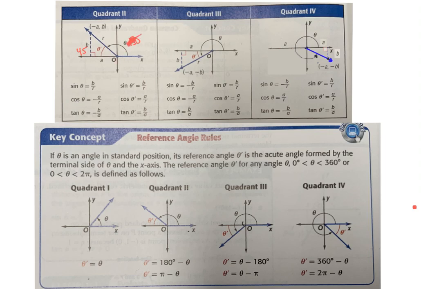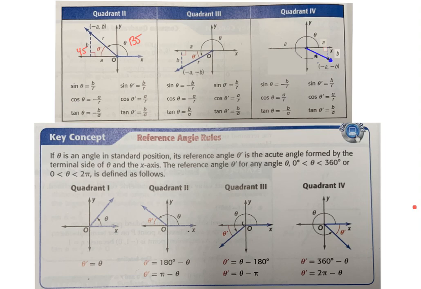If my terminal side ends in my first quadrant, my x and y values are what for both of them? Positive. If it ends up in the second quadrant, though, my x value is negative and my y value is positive. Third quadrant, they're both negative, right? And fourth quadrant, it actually was wrong in my book. I had to change it. Is it wrong in your book as well?